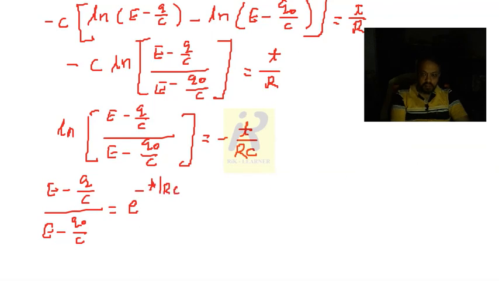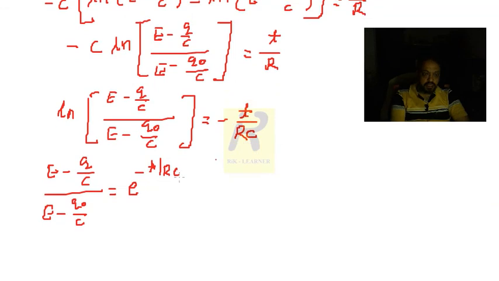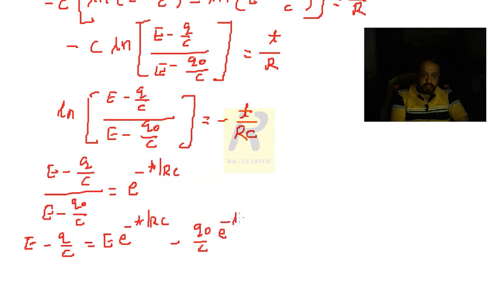Now simply rearrange this equation as we want. So what I do is E minus Q by C equals E into e power minus t divided by RC minus Q0 divided by C into e power minus t by RC.